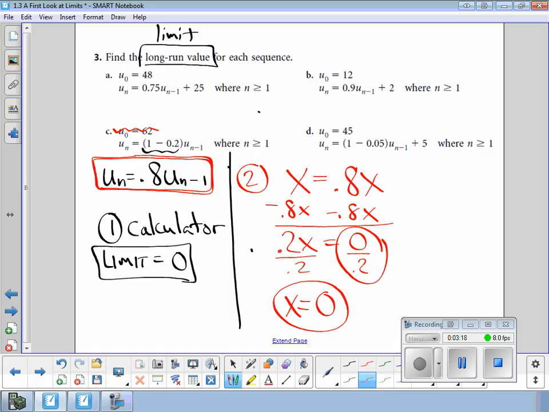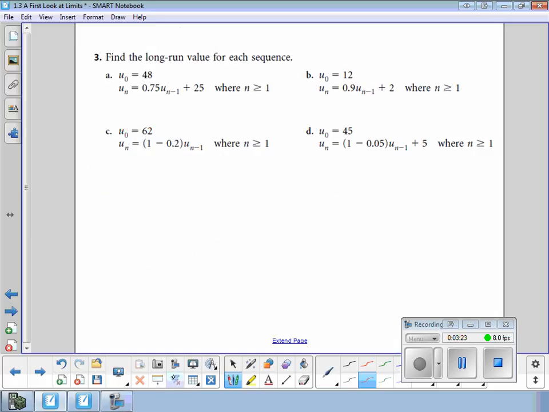The third method can be done. Let's think about it. Let's do A. Let's switch problems here. Let's do part A with the third method. You start with 48, and then it says the next term is 75% of that plus 25. Well, if you take 75% of 48, what percent is going away? 25%, right?